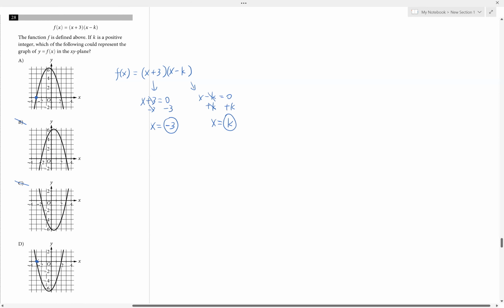And then A and D both go through a positive number, in this case 2 for both of them. So I guess k will have to be 2. We can't really solve for it from the equation, but we know that could work because k had to be a positive number. So 2 is positive, so that's good. Out of that, we can eliminate B and C.